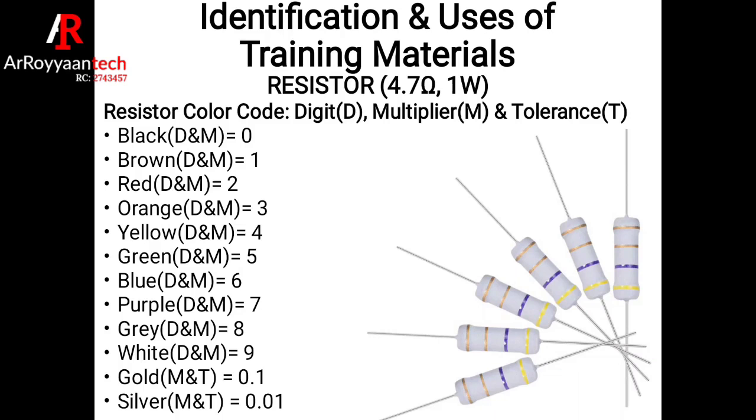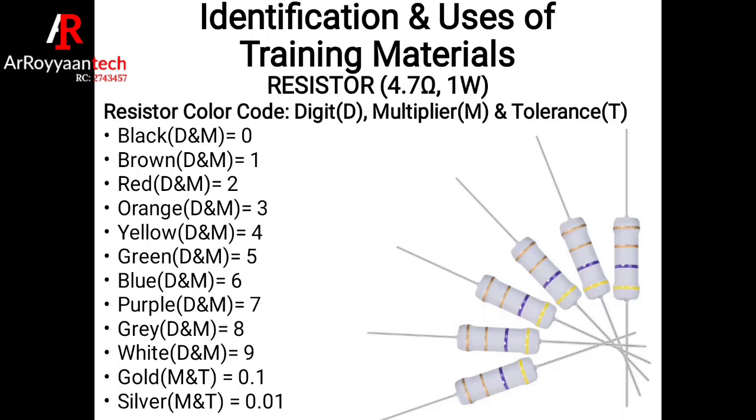The D and M mean that black can be used as a digit and as a multiplier, while it can't be used as a tolerance. Gold and silver are where you see M and T, meaning gold can be used as a multiplier and also as a tolerance, and silver does the same.